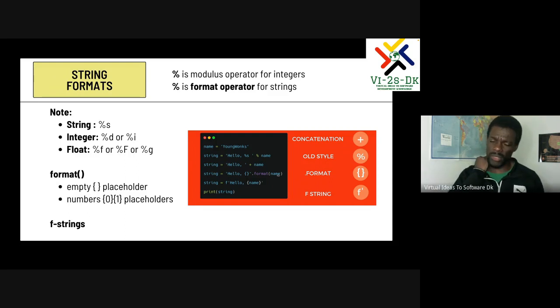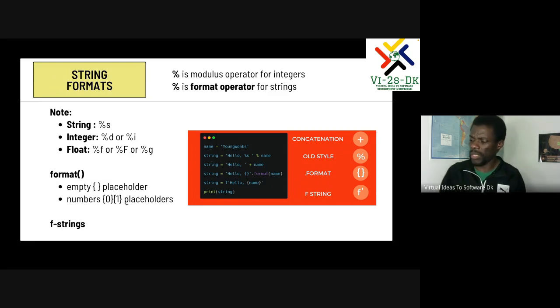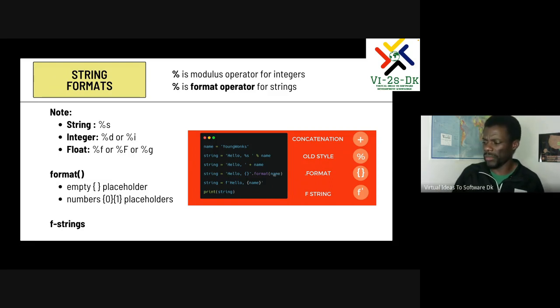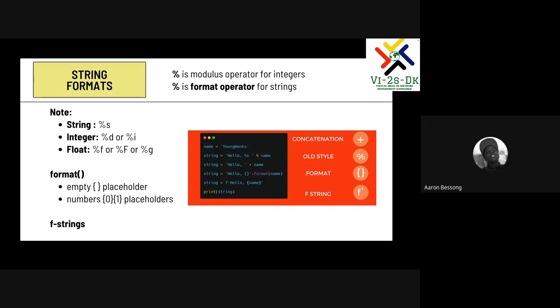In other cases, you might have more than one variable that you need to put in there. So you have your curly braces, you enter 0, 1, 2, depending on how many you have. And then you can list them in the right order in your format parameters. Sounds good? Yeah. Excellent.